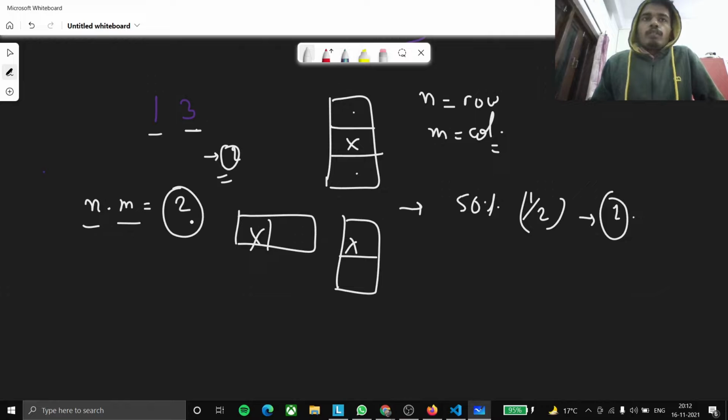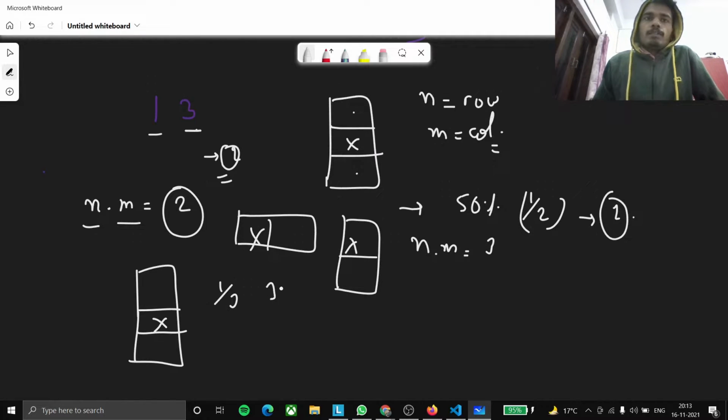So for n into m equal to 2 this is the case, and for n into m equal to 3, like if we have it like this, only one cell will be blue. So there is a one third chance, meaning 33% chance, that the cell here will be painted blue.